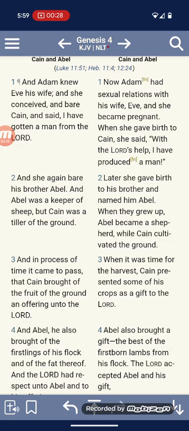And this is going to be part 2 of the lesson that I started on what is the mark put on Cain in Genesis chapter 4 and 15.